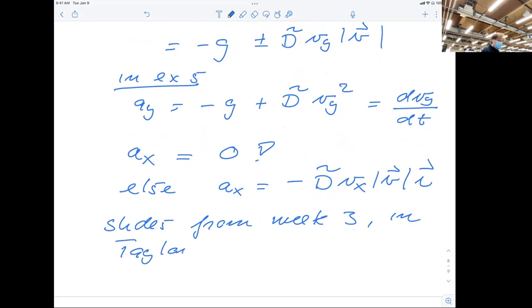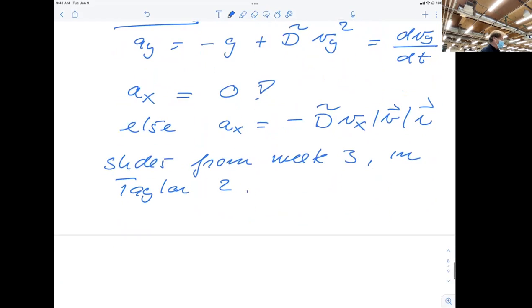So I'm sneaking in this kind of you having to read Taylor, because you find the solution to the problem in Taylor in chapter 2. So what I'm going to do now is simply give you the solution, and you will find it in the slides, but what you will find is the following.